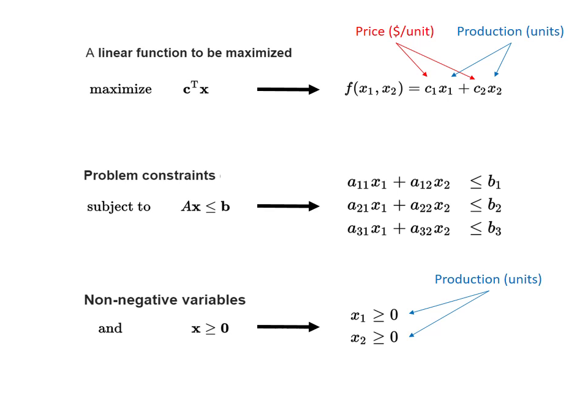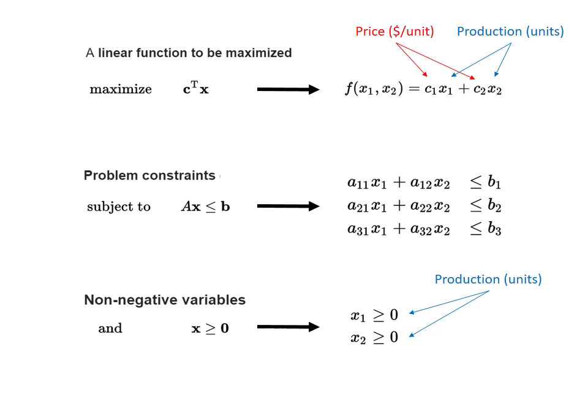So you have first row, first column A times x1 plus first row, second column A times x2 is less than or equal to the first element of B, the vector B, and so forth and so on.